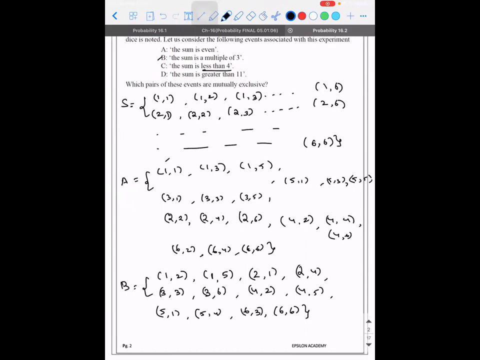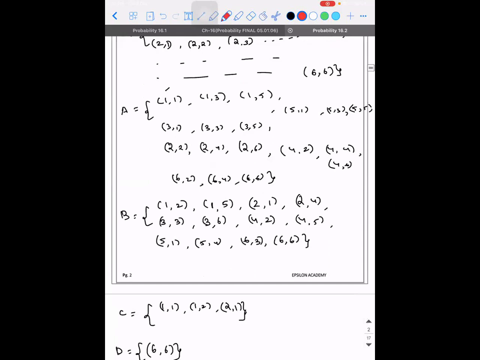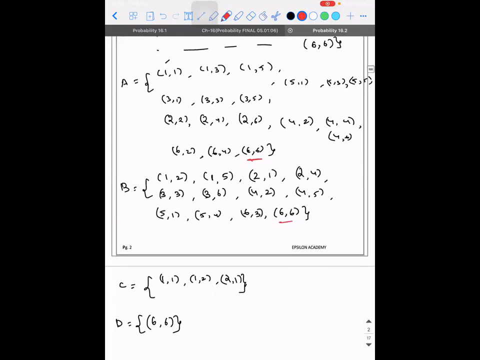Now think, which of these events are mutually exclusive? If I take A and B, are they exclusive? No, even if you find one element common, it is not. In A and B, 6,6 is there. A and C, B and C are mutually exclusive.